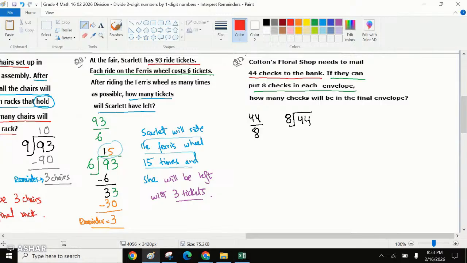And 8 times 5 was 40. So 40 is very near 44, right? Let's say 8 times 6 is 48. We cannot take 48 because it's a greater number than 44. So we can write 8 times 5 is 40. And we would be left with 4 checks, right?